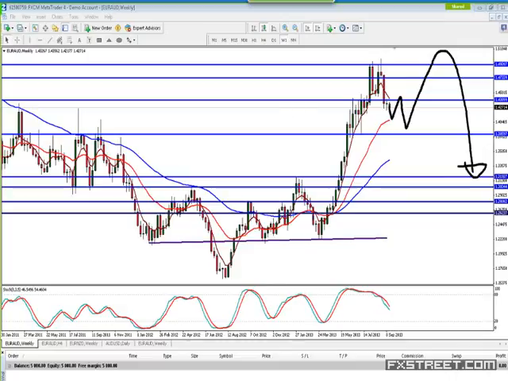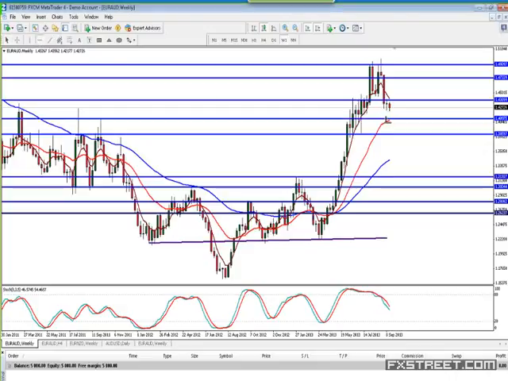Okay. But my point here is, if we set ourselves right, we're expecting this to happen. Okay, and we pick ourselves out a zone. So let's draw a line where we anticipate this Euro-Aussie to go.